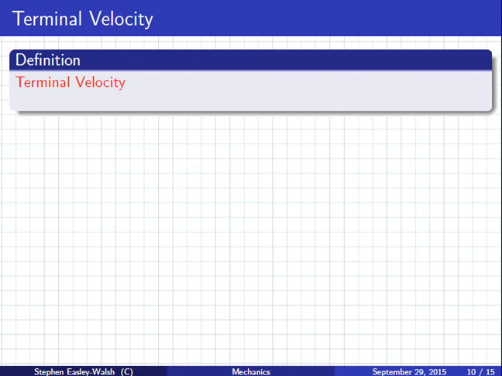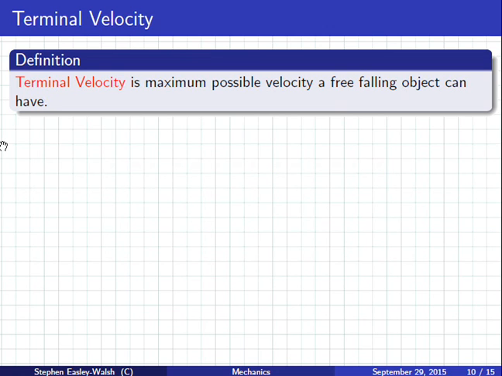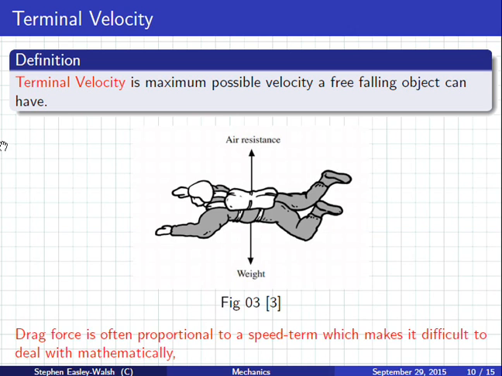Okay. So terminal velocity, please note this definition carefully because it is in the exams sometimes. It's kind of a common question. Terminal velocity is the maximum velocity that an object can have when it's falling. So look, here's the picture. When he falls, he's going faster and faster. But he doesn't keep getting faster. At some point he'll reach a maximum speed.